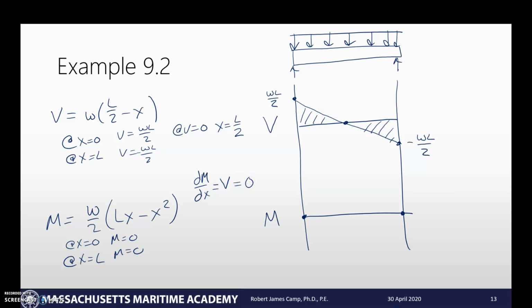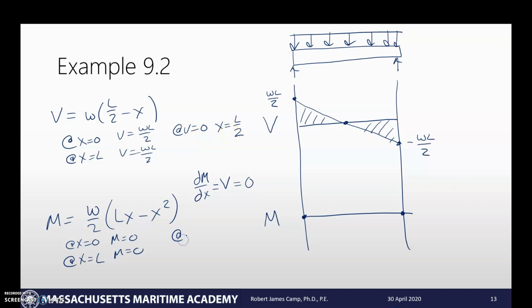And so we know from calculus that your maxima and minima are going to appear when the slope is 0. And since this is the slope of the moment, well, we want that when that's 0. But we don't have to do any calculus because we know where the shear force is 0. We know the shear force is 0 at L/2.